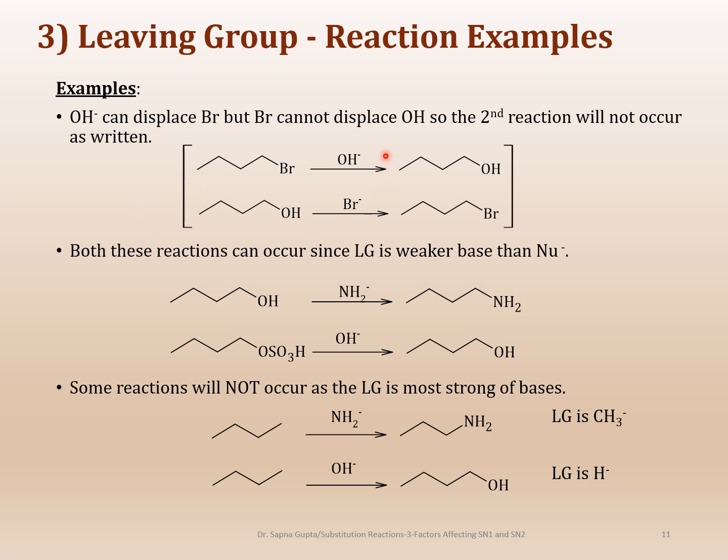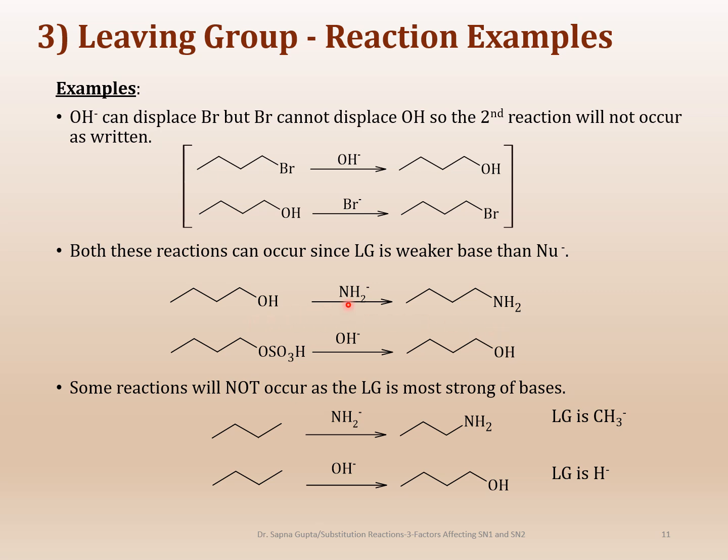But like this, it's a hydroxide. So please be careful with your language as to what you're trying to say. This is an alcohol, but it is a hydroxide leaving group. So be careful.